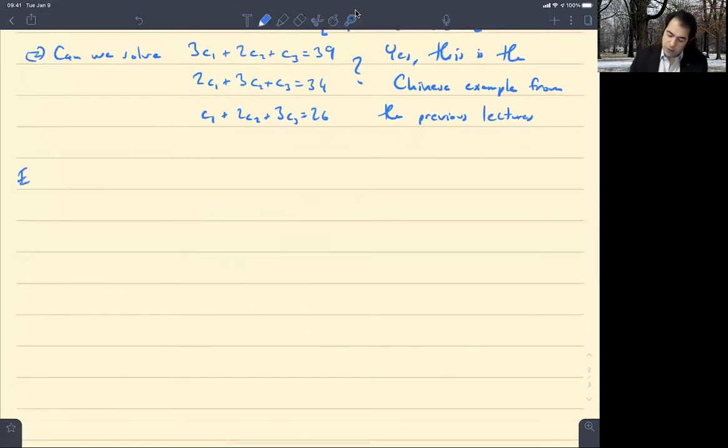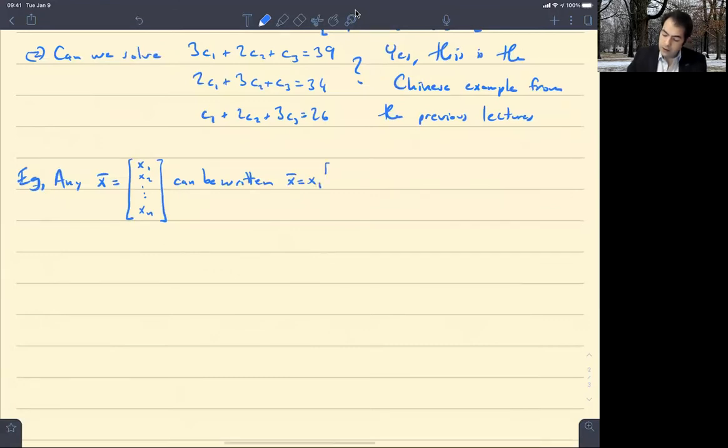Here's another example about linear combinations. Any vector, say vector x with coordinates x1, x2, dot, dot, dot to xn, can be written, well, one thing you could do is pull out the coordinate x1 and keep the vector 1, 0, dot, dot, dot, 0.